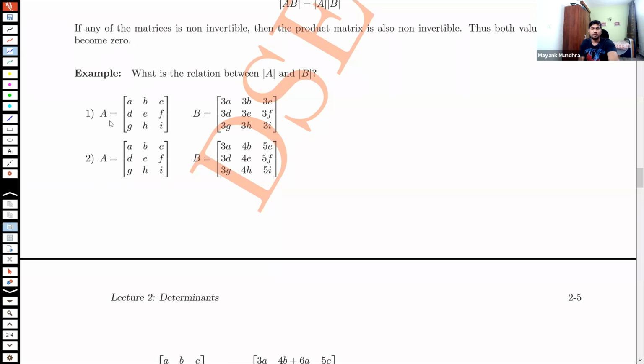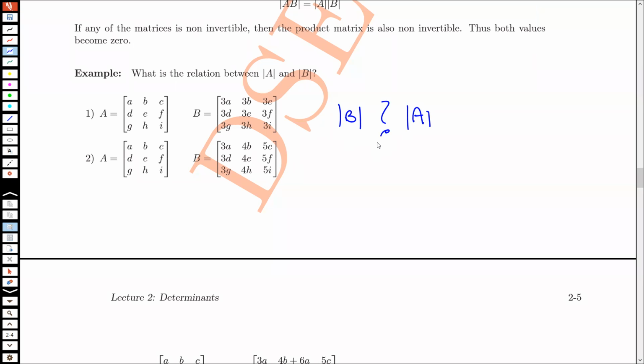Then I gave you these examples. So determinant B and determinant A. What's the relationship between determinant B and determinant A? It's 3 times A. No, that's not correct.